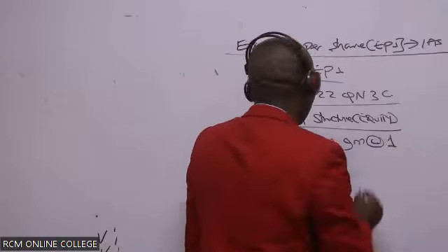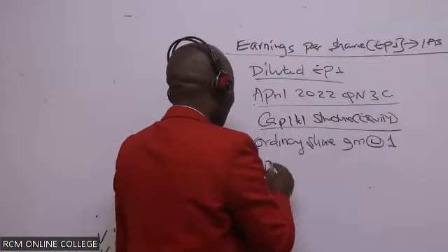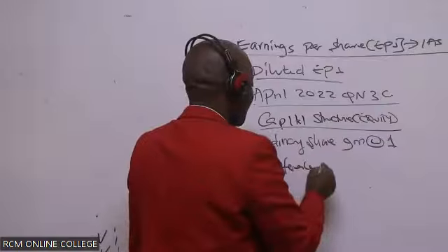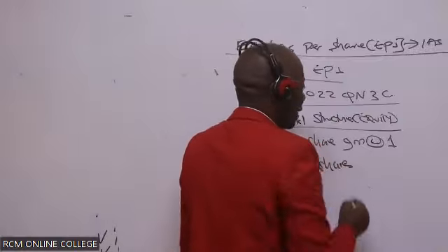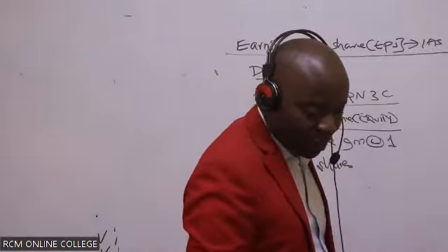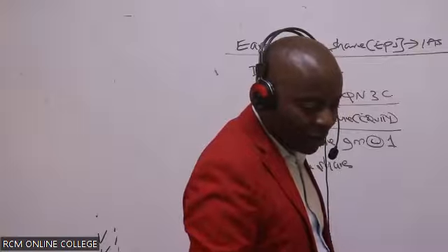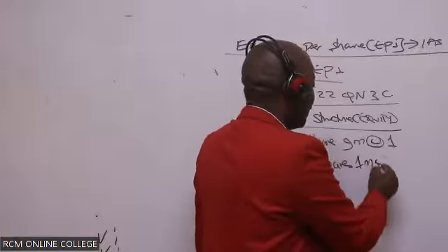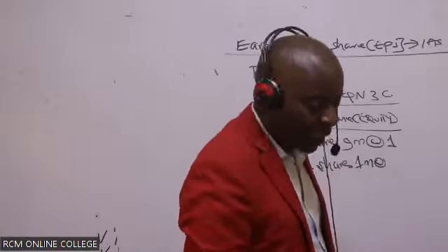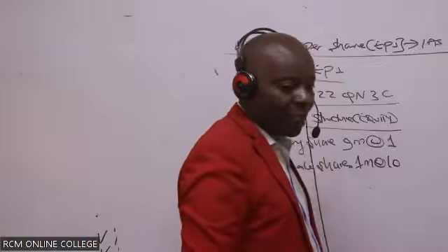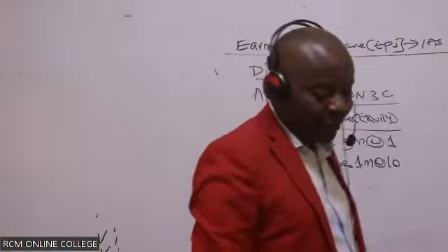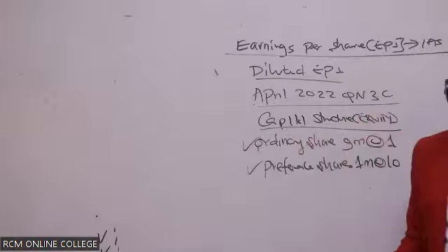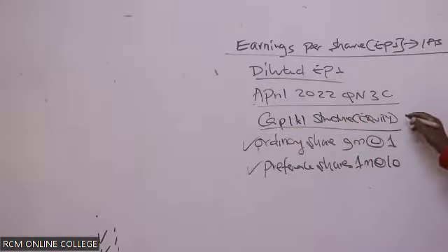And preference shares, 1 million, each with a par value of 10. So this is 1st October 2020. It's good to get your timings right.